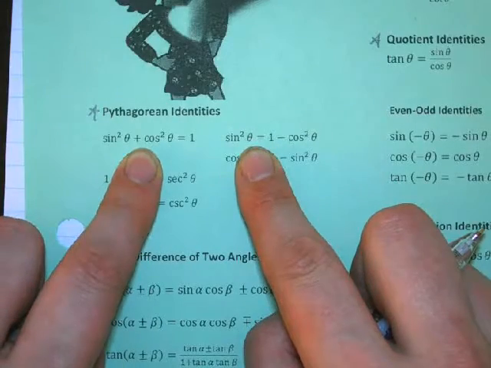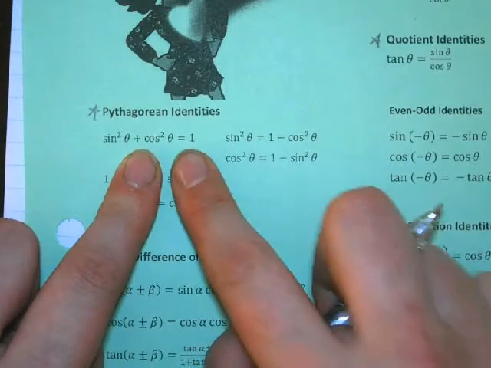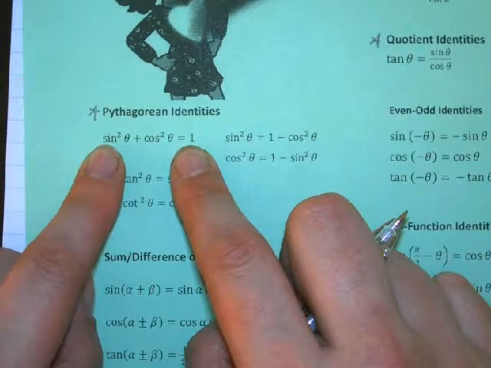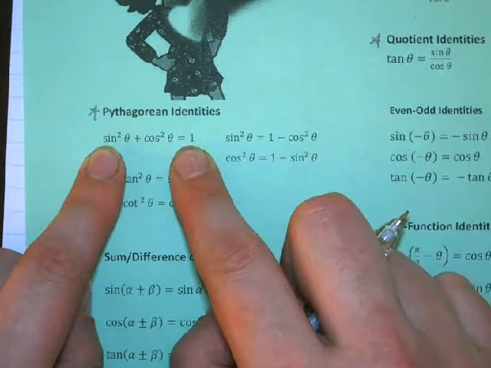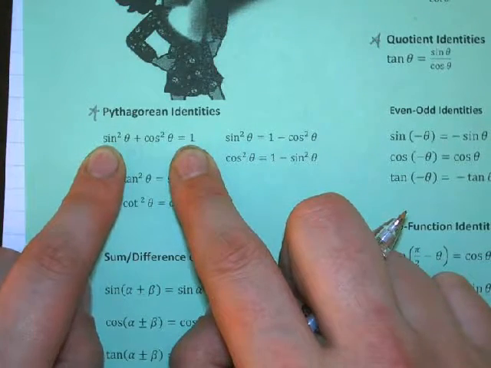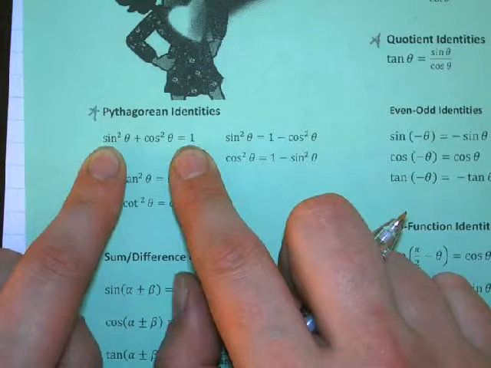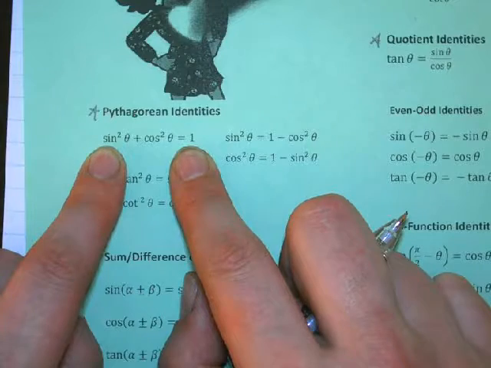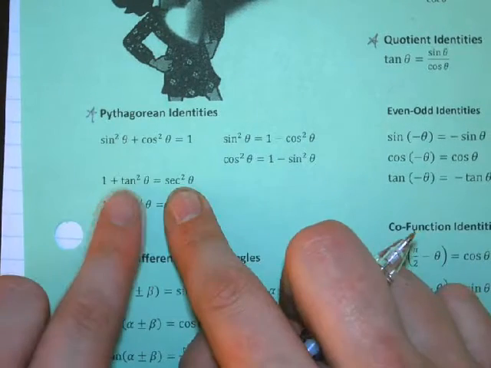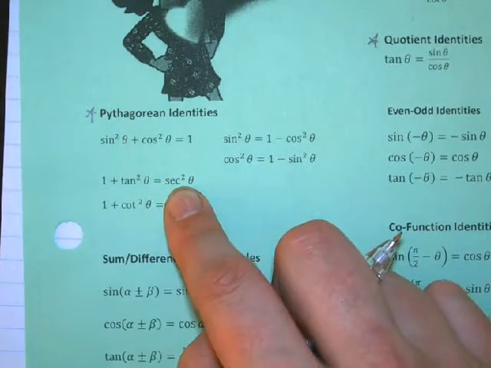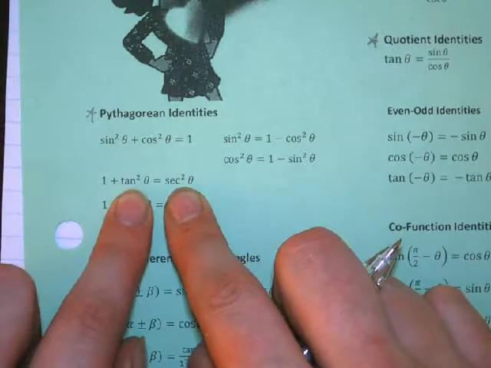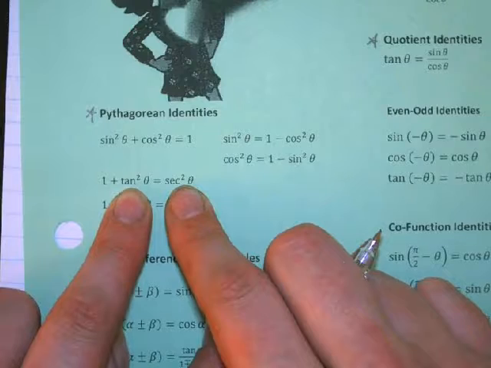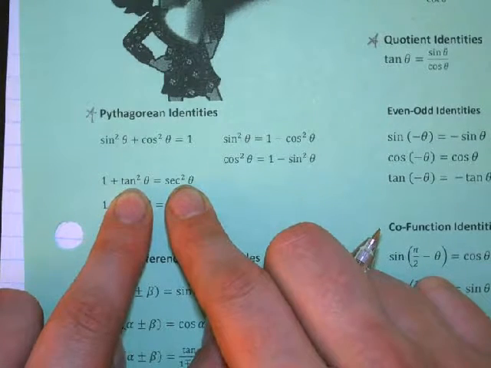Now, people always say, Ms. Rice, if sine squared plus cos squared equals 1, can I then say sine plus cos equals 1? The answer is no. To use the Pythagorean identities, you have to have a squared term. Does that make sense? Okay. Now, the other thing is that even though secant and cos have a direct relationship and tan and cotangent have a direct relationship, the Pythagorean identity tells us that secant squared and tangent squared have a direct relationship.